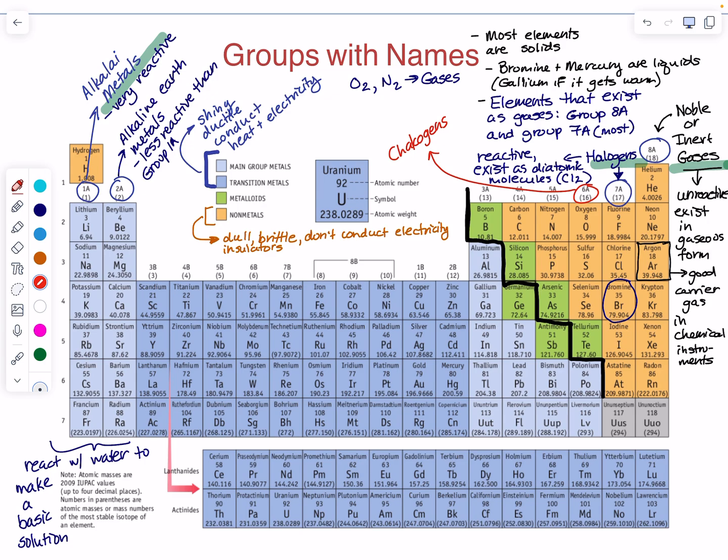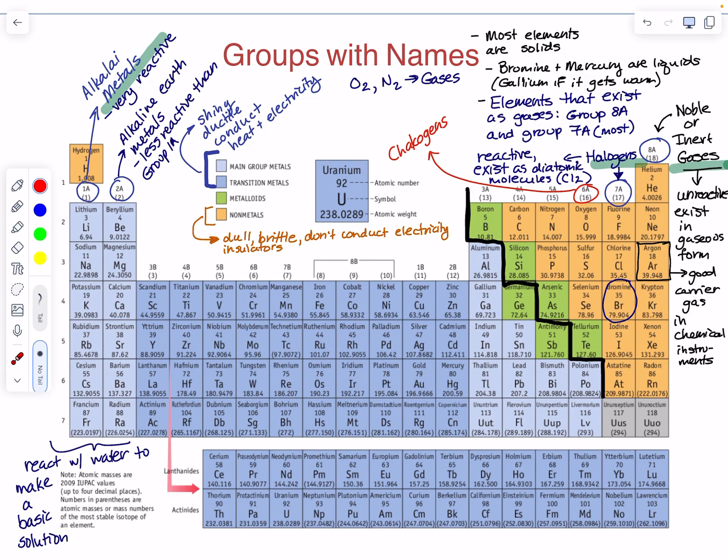But again, it's less frequently that we talk about those by their group name. All right, so the final thing in terms of classifying the materials by their properties are these elements that are right here, on the interface between the metals and the nonmetals. And what you'll see, those are in green, okay? And those are called the metalloids, okay?